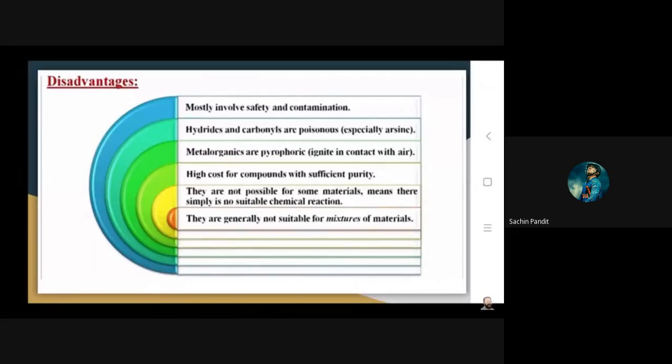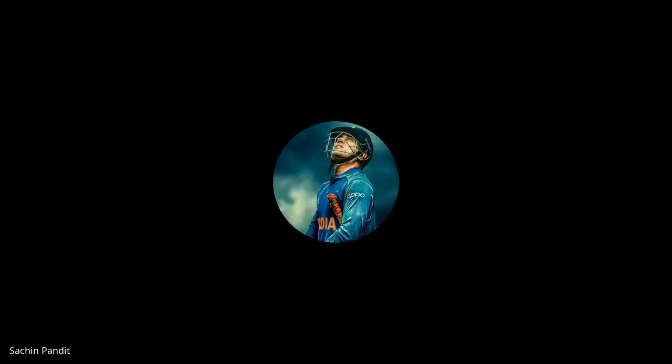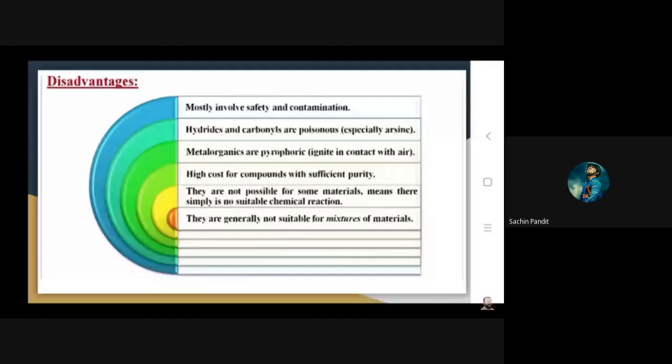Then next, the hydrides and carbonyls are poisonous. There is no suitable chemical reaction, and they are generally not suitable for a mixture of materials.